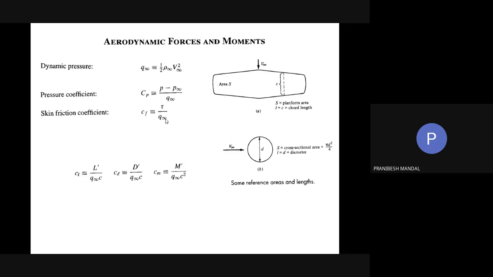Those are given in small letters to readily denote that these are for 2D cases, per unit span cases. Those are not actual.